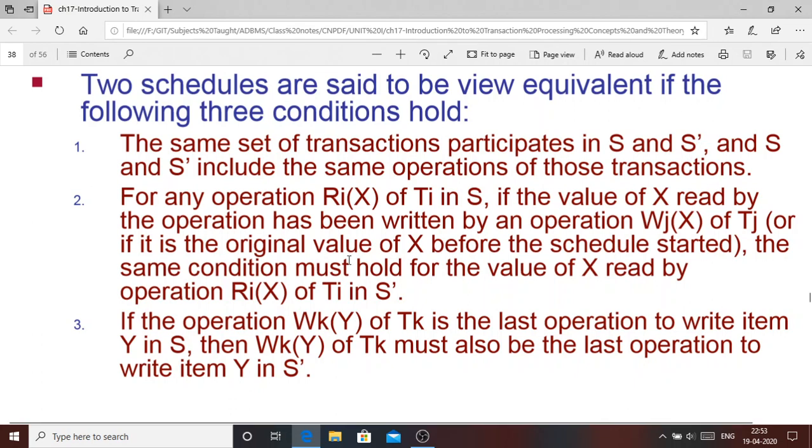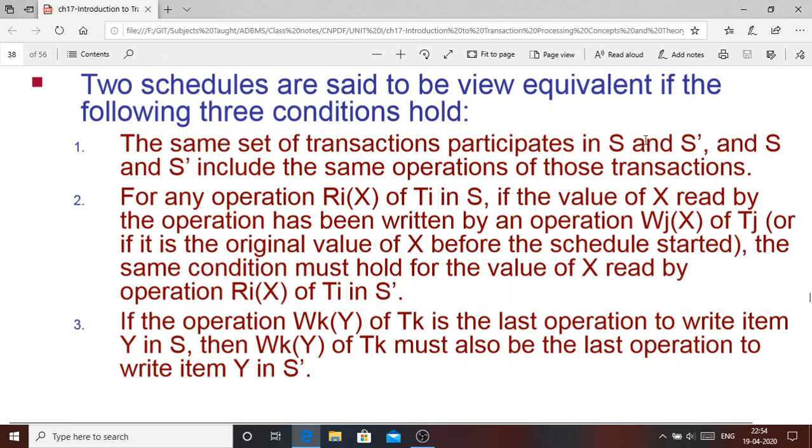The second condition: for any read operation, here R means read, i means the ith transaction. If a transaction Ti has performed a read operation on X, the data item X, in the schedule S, if the value of X read by the operation has been written by another transaction Tj, which has actually written that particular item X, then the same condition must hold for the value of X read by the operation Ri(X) of Ti in S dash.